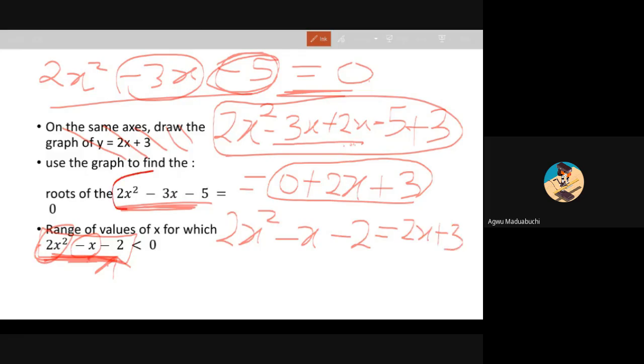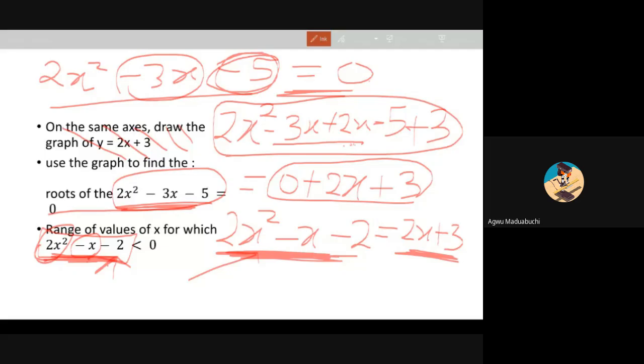So what does that mean? I have broken this down to form this relationship. That means for this curve, for this quadratic equation, I needed to plot this graph, and wherever they intersect, that is the solution. So why am I giving this? Like I said, in some cases they will not tell you, first of all, plot y is equal to 2x plus 3.